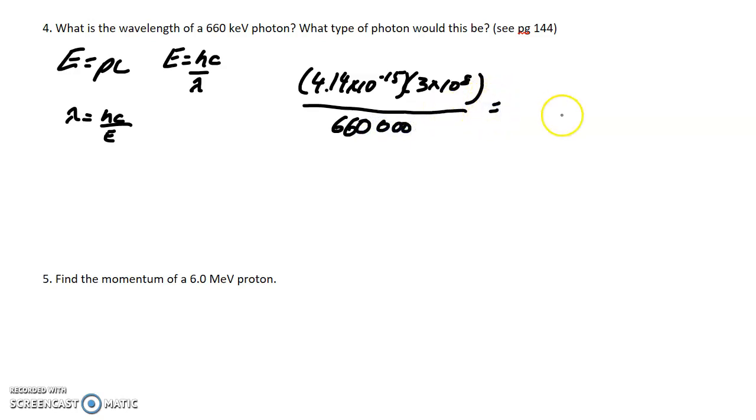And this winds up being 1.88 times 10 to the negative 12 meters.